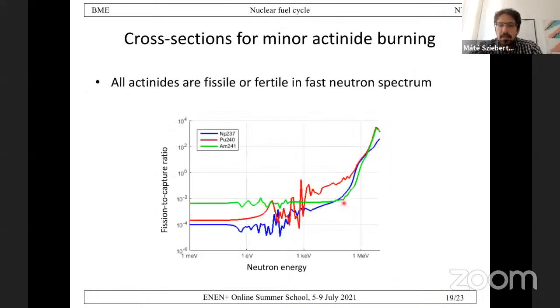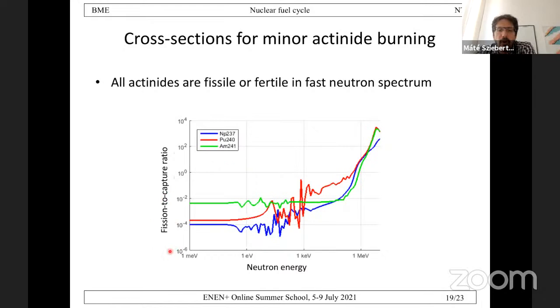For this, again, the fast spectrum is very important, because if you look into the fission to capture ratio of some typical actinide isotope, you will see that at high energies, all goes above 1.